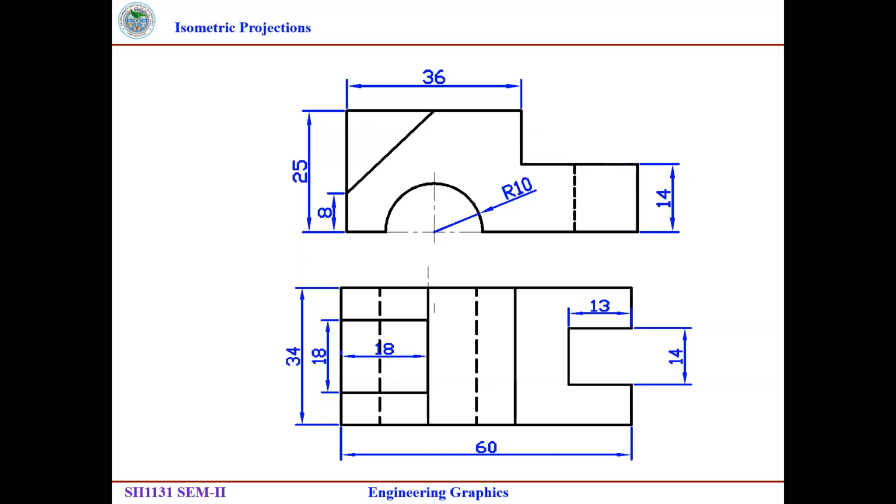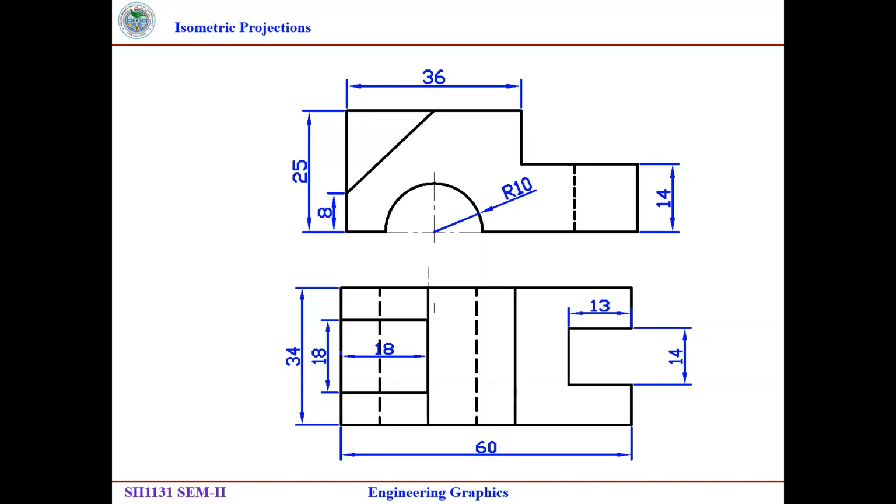Only two views will be provided, and by imagination you can develop the isometric view and consider the third view on your own. You will be asked to draw the isometric projection. How we can decide whether it is the right hand side view or left hand side view, I will discuss in the next example.